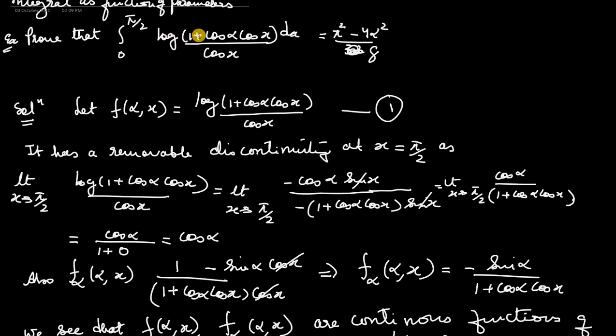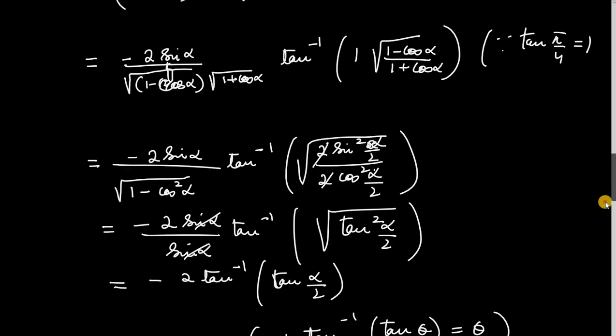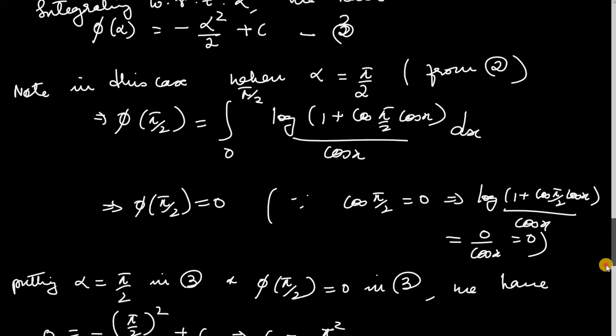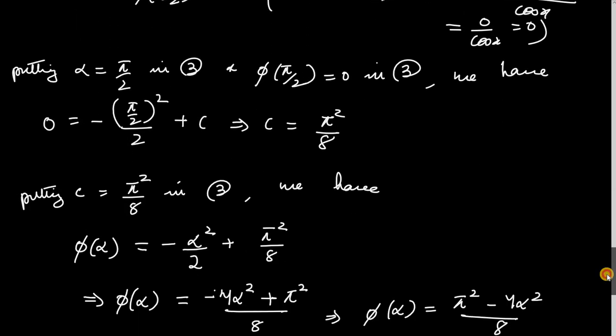Then it will become log of 1. Log of 1 will be 0. So phi of pi by 2 will become 0, and that one will give you the value of that constant c. So by taking the particular value of alpha is equal to pi by 2, we are able to get the value of this constant c, and then put back the value of that c in the equation 3, then you'll get phi of alpha.